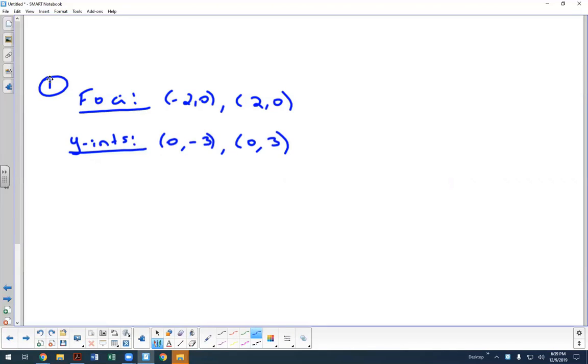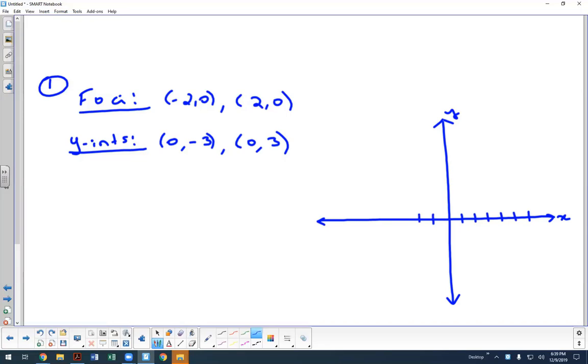So on our graph, y-intercepts are at 0, 3 and 0, -3. So that's basically where our ellipse will be crossing the y-axis.